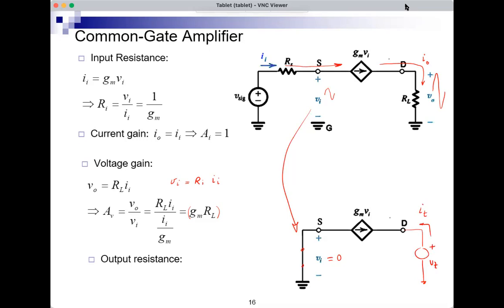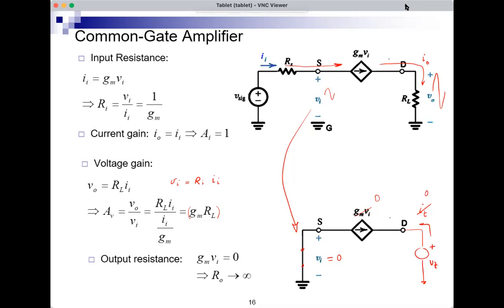So we're interested in the current I test when the test source replaces the load RL and the input is set to 0. But if the input is set to 0, this means that this now is 0. So minus I test, which is gm Vi, is 0. So I test is also 0. So there's no current flowing out of the test source. And this means that the output resistance is infinite.